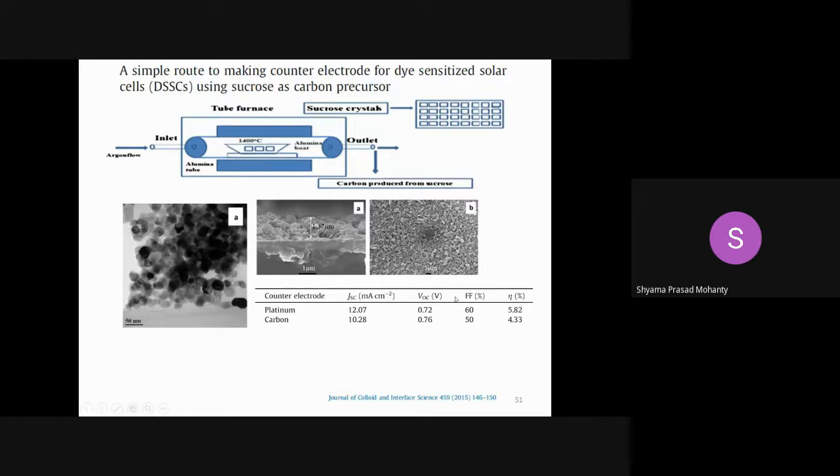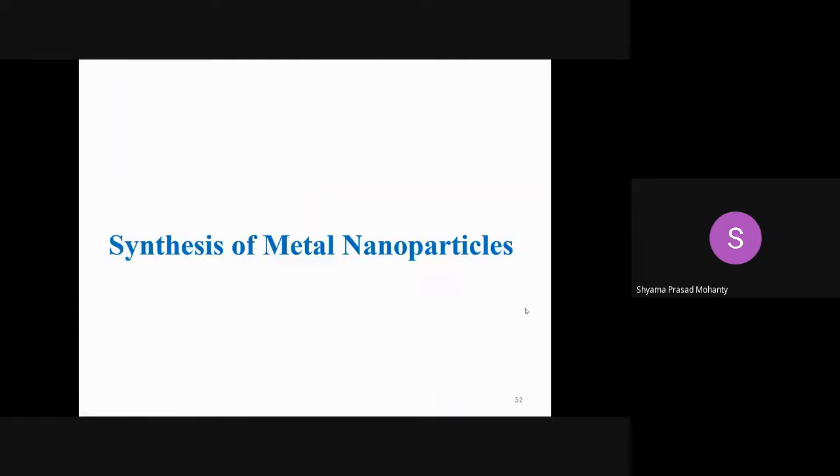So as compared to platinum, where we achieved 5.8% efficiency, it was about 4.3.